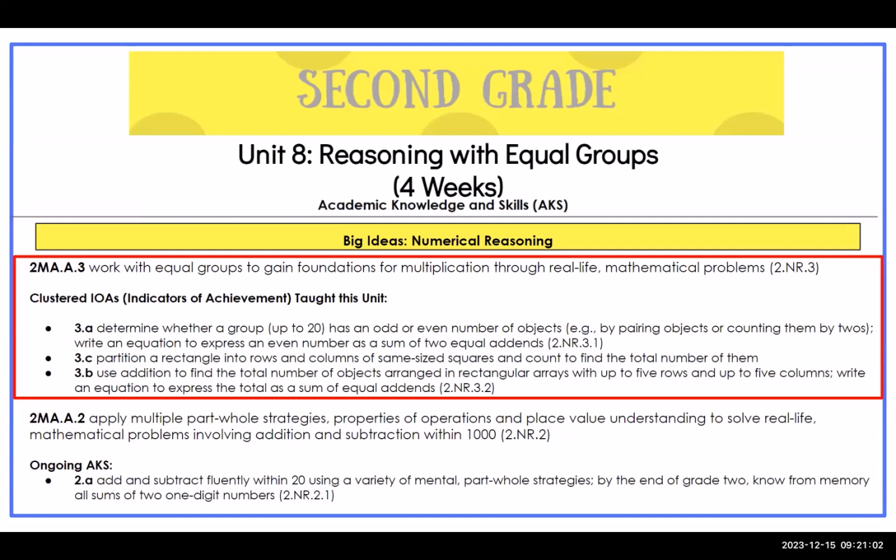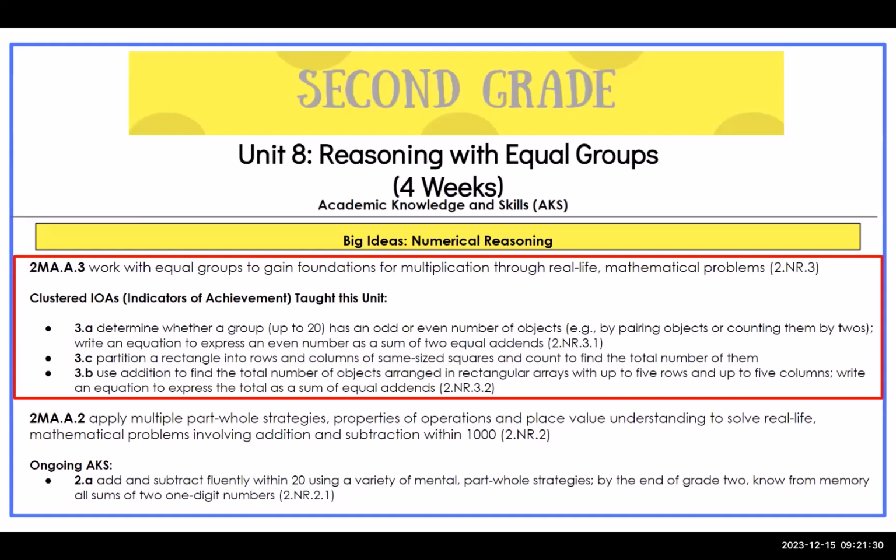If you remember back in Unit 6, with IOA 7C, students learned how to partition shapes into equal-sized parts. Through IOA 3C, students will use their understanding of partitioning to partition a rectangle into rows and columns of same-size squares and count to find the total number of squares.